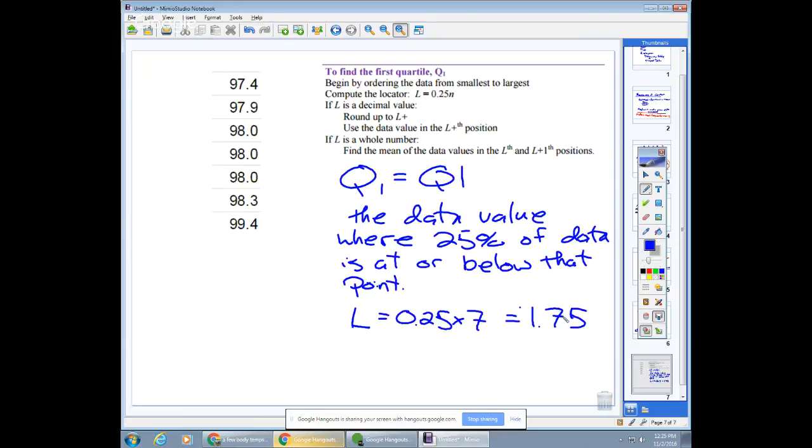Okay, so then it says if this is a decimal, round it up. And then use that number. So this number right here, according to the locator method, is Q1. So I look for the number in that position, right? Because the location is the position.